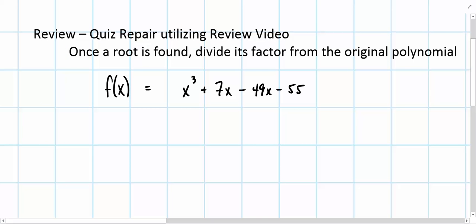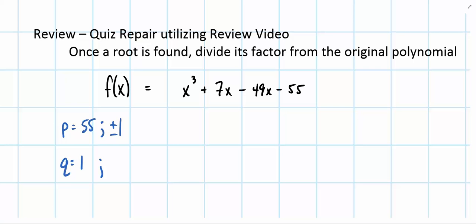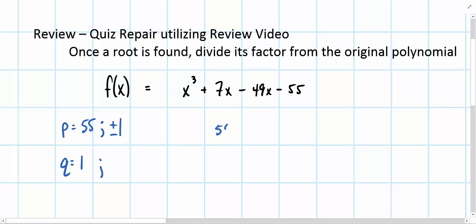Here's the equation written. Now, in this case, p is equal to 55 and q is equal to 1. Now, the factors of p are 1, positive and negative, and it's 1 times 55. That would equal 55. So I know 55 is the biggest factor.